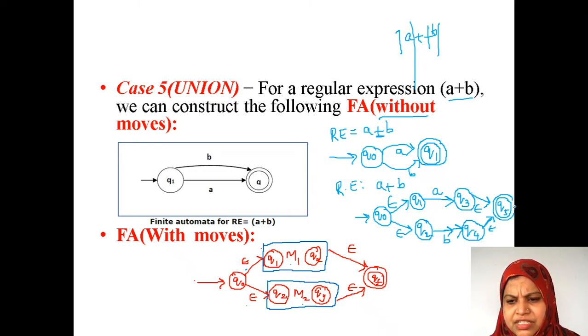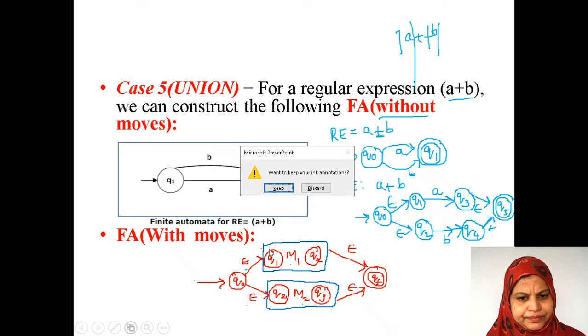Q5 or Q6, it depends upon the user. You can write any name: Q0, epsilon, Q1, Q2, A, B, Q3, Q4, epsilon, Q5. This is the finite automata for the union. I'll explain with one more example.